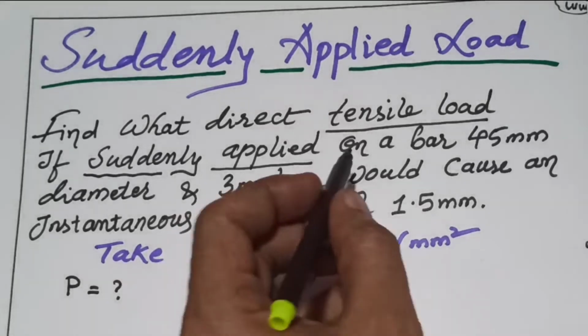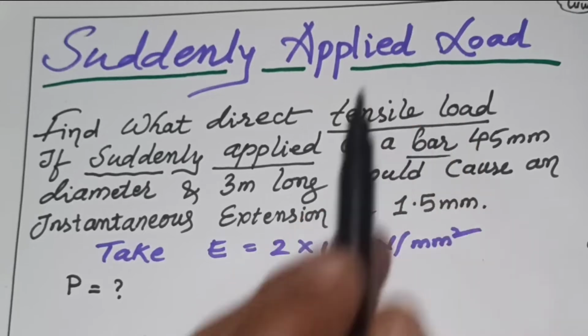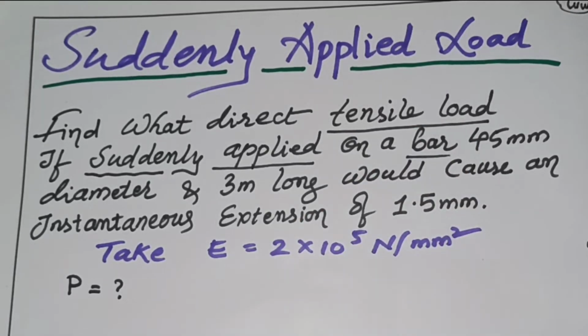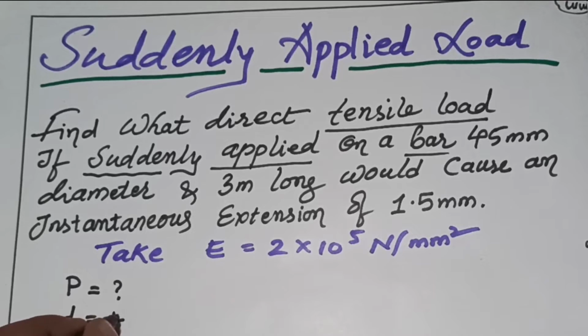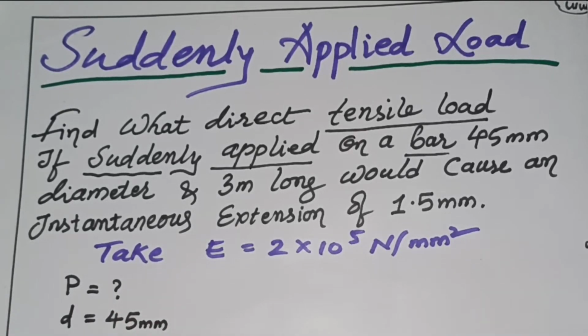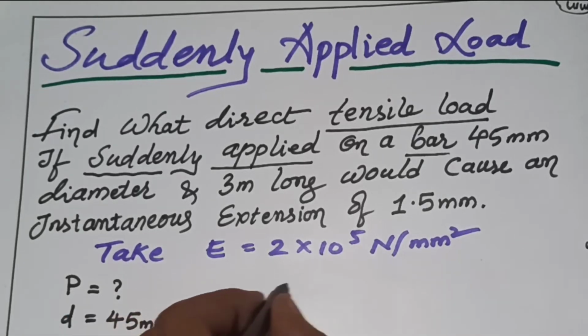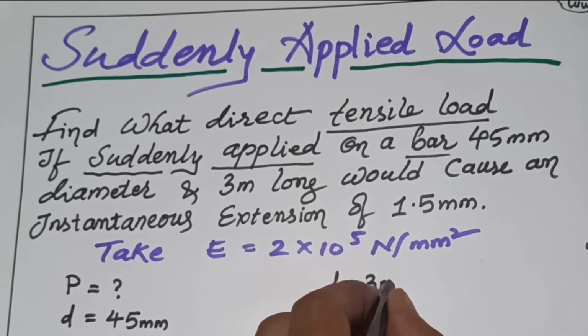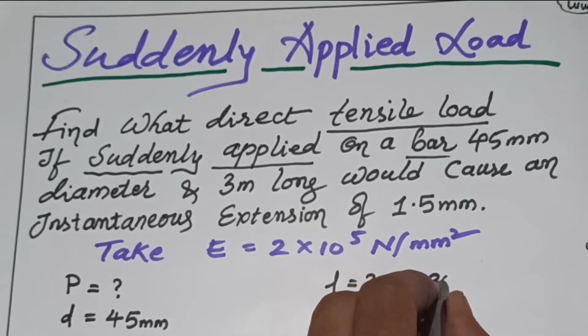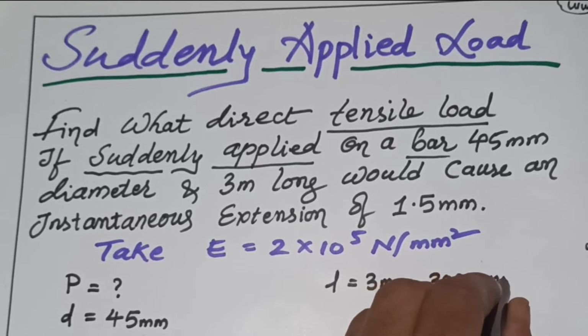Now the bar is a circular bar having a 45 millimeter diameter. Small d we take as the diameter, 45 millimeter, and the length is also mentioned. L is the length, we take it as 3 meter, so it will be 3000 millimeter.